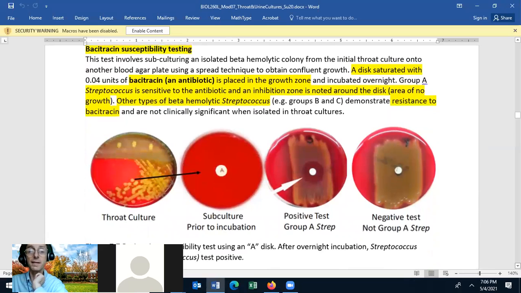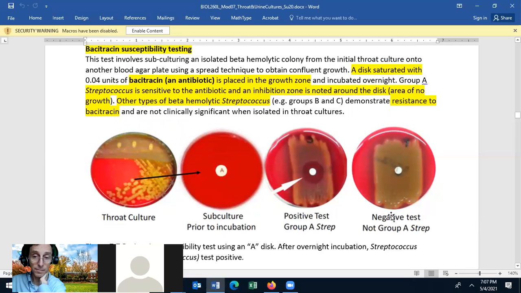Bacitracin susceptibility testing is you swab this region of the plate with bacteria, and then you put on the bacitracin disc, which has the antibiotic bacitracin. If the bacteria are sensitive to bacitracin, then you know you have Streptococcus pyogenes or group A strep.